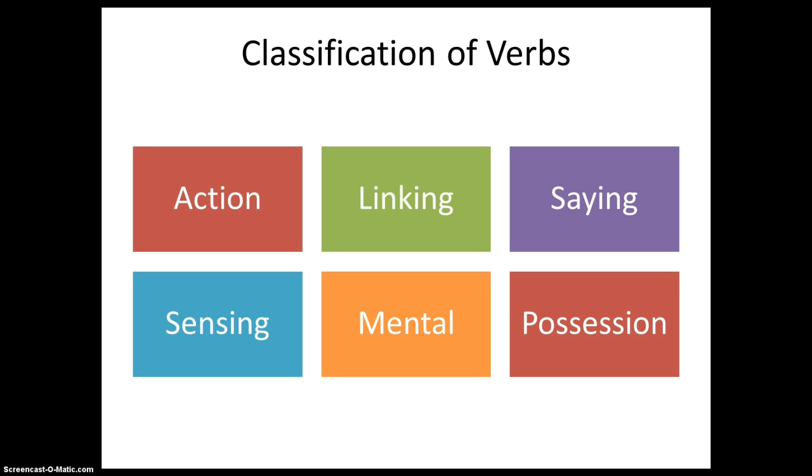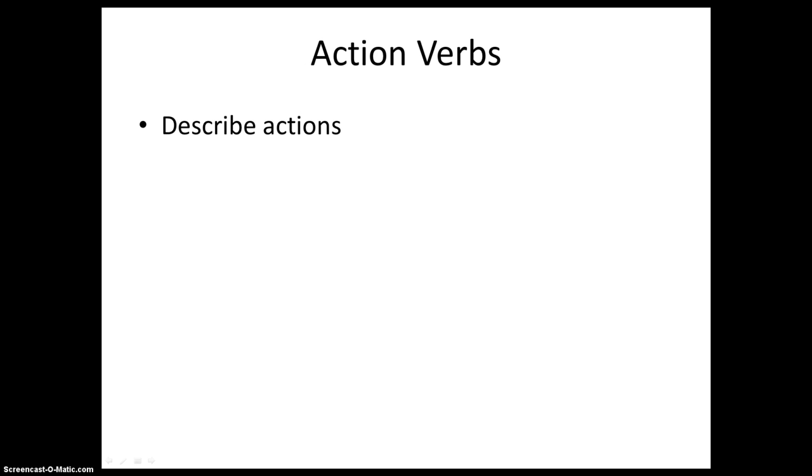Don't worry, this might look a bit daunting now with the 6 different types of verbs, but we are going to zoom into each and every one to see what they mean and what the different examples are. At the end, we will complete the worksheet given to you before you start this video. So we start with action verbs. Action verbs, as the name implies, describe actions.